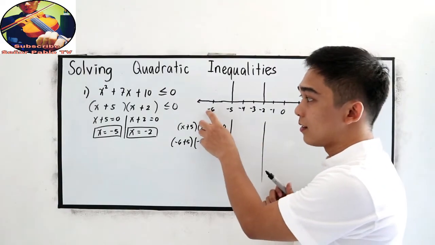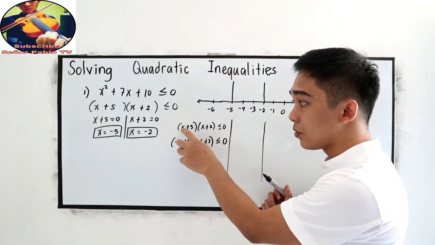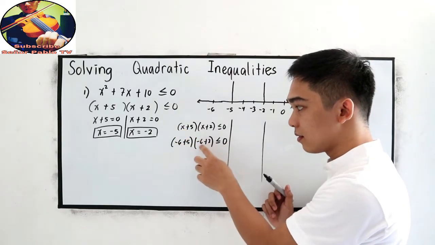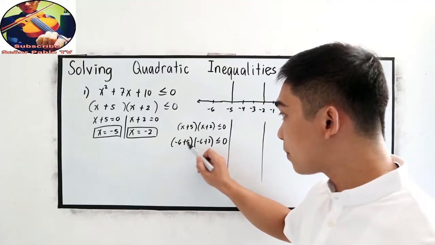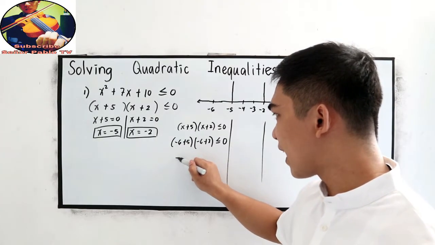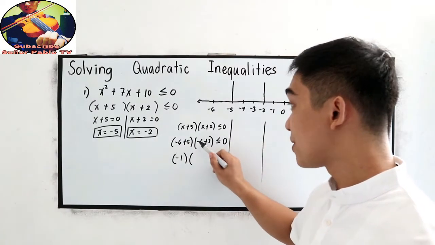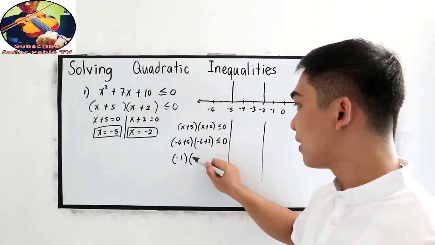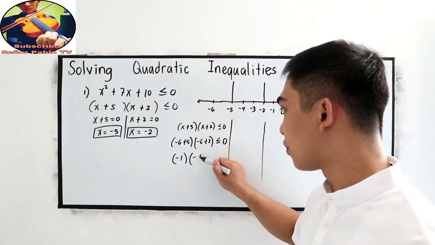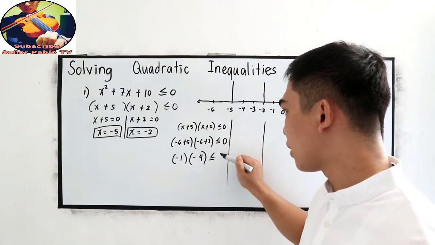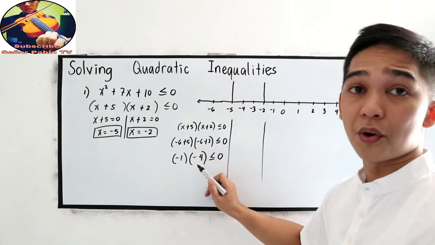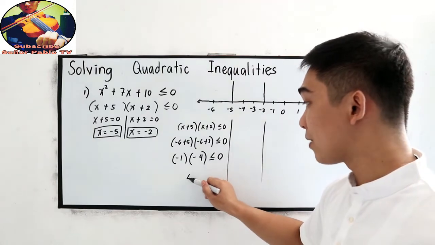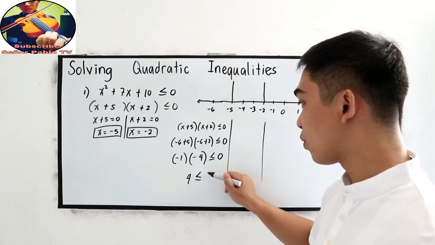Then simplify. Negative 6 plus 5, that is negative 1. Negative 6 plus 2, that is negative 4. Less than or equal to 0. Negative 1 times negative 4, that is positive 4, less than or equal to 0.